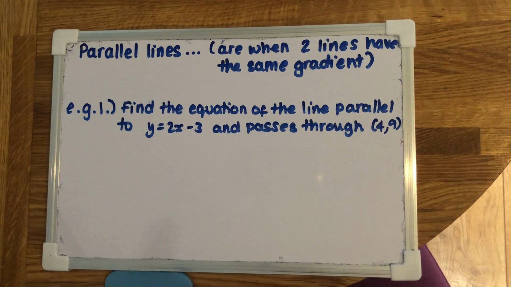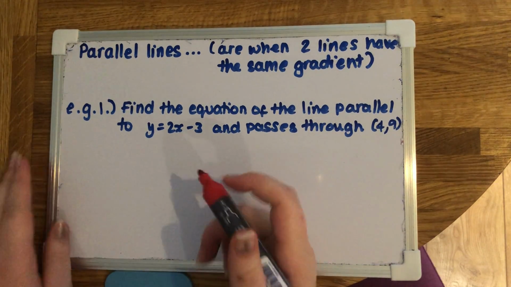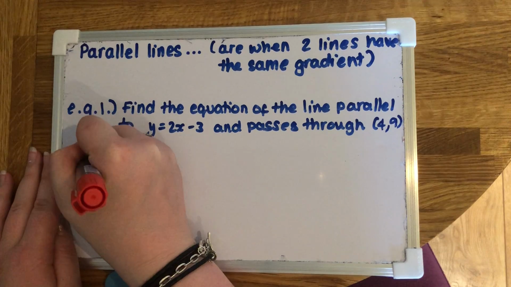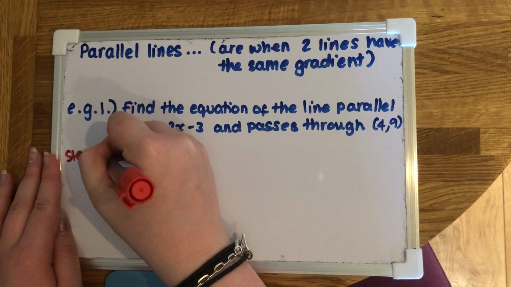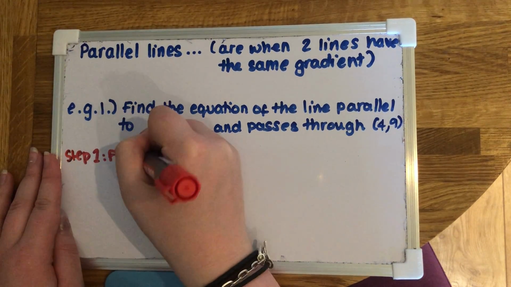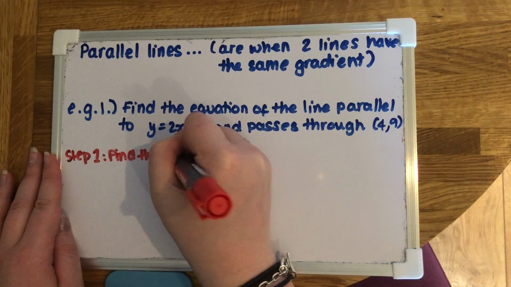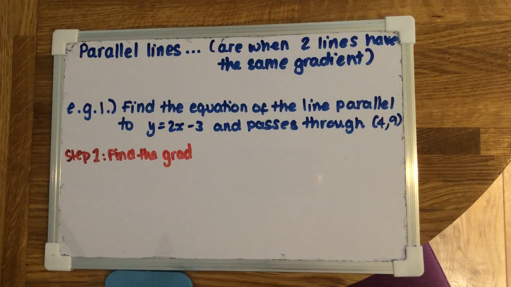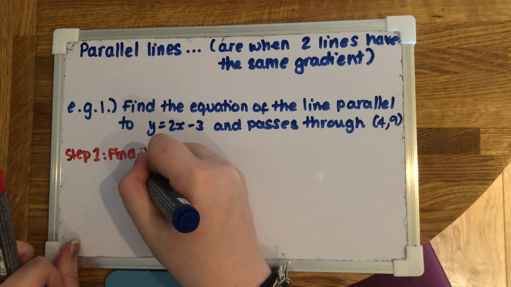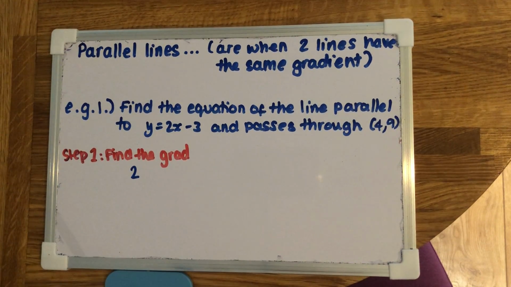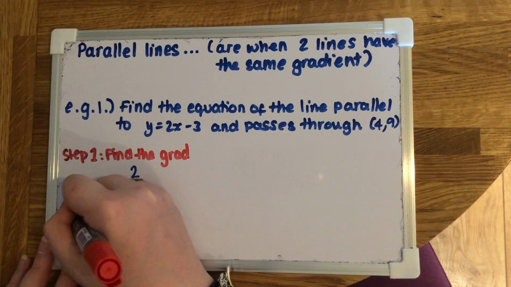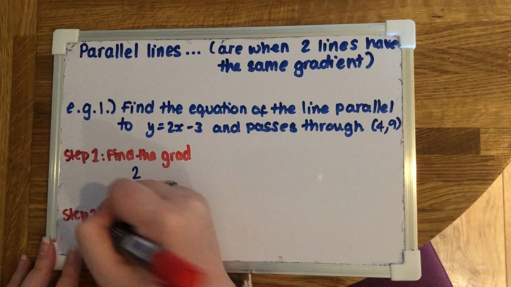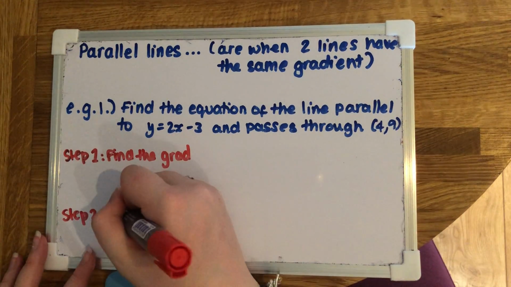Okay, so for these ones, I will write steps as well. So step 1 is find the gradient. Okay, which we've just done. We've just worked out that the gradient is 2. Okay, step 2. We rewrite the formula that we keep coming back to.